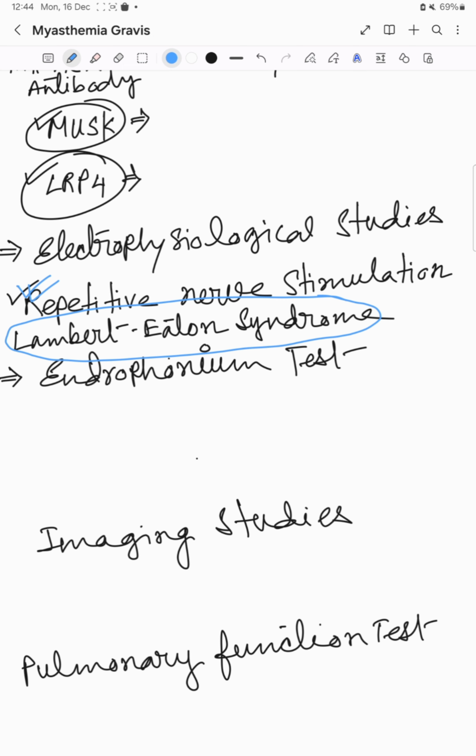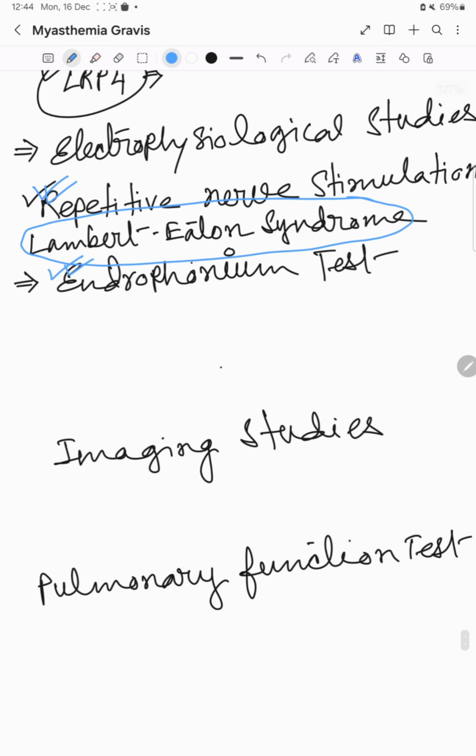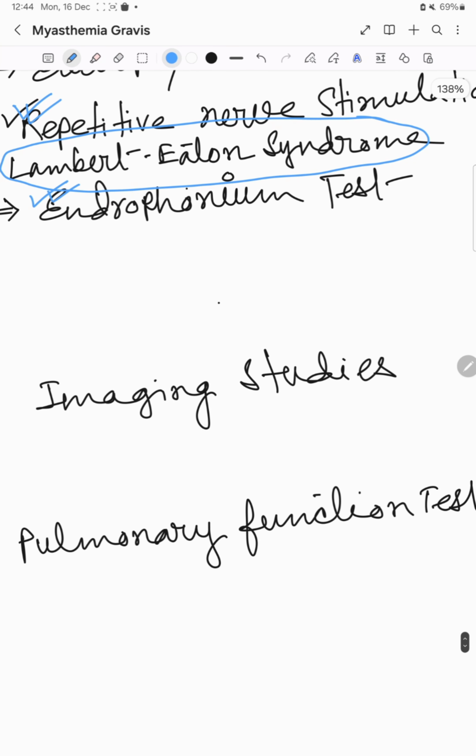And then another test, that is the edrophonium test. In this test, firstly we administer a drug known as edrophonium chloride.